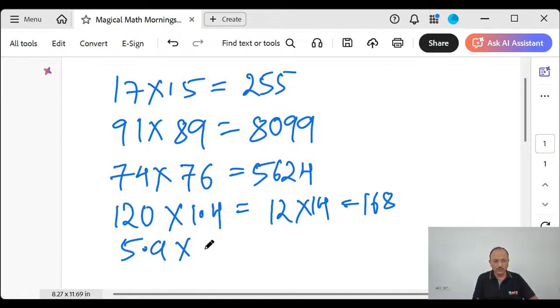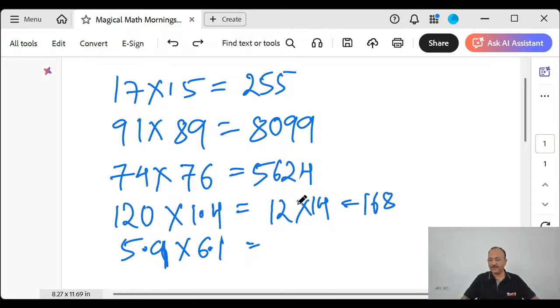Let's take 5.9 into 6.1. Multiplication is very easy, but be careful with the decimals. I'm giving you a precaution. 5.9 into 6.1. Initially you multiply neglecting the decimals. You will get 59 into 61. That is very easy. And just 1 and 1, 2 decimal places are there. You leave 2 decimal places from the right side and put the point. 60 square minus 1.